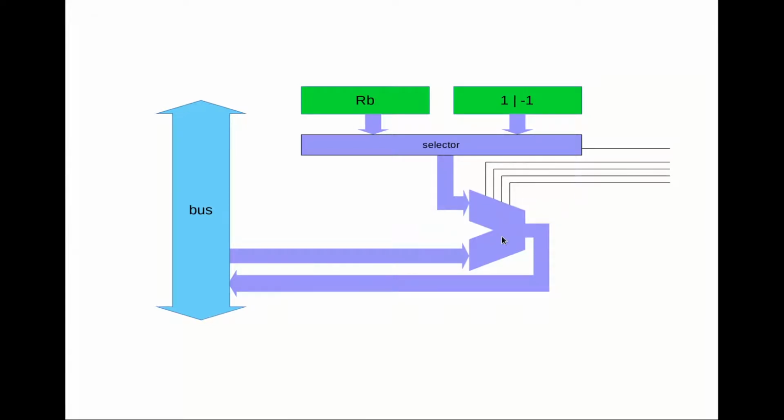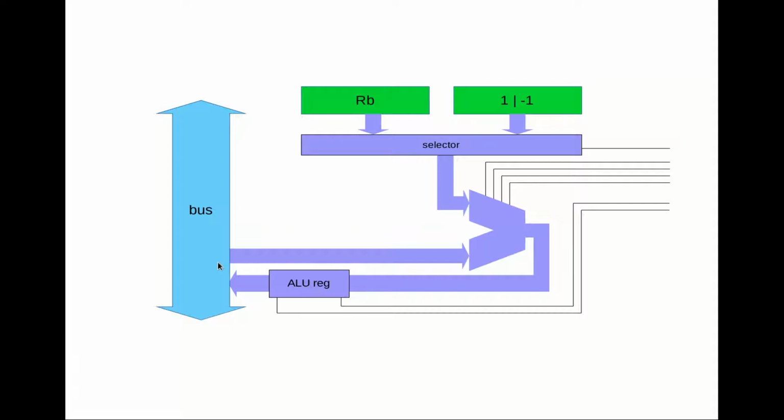And so we're realizing that we need some sort of mechanism to store the result of the operation before we output it back onto the bus. So what we really need is an extra register.